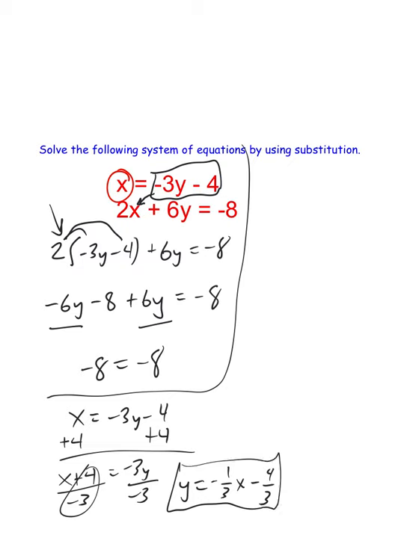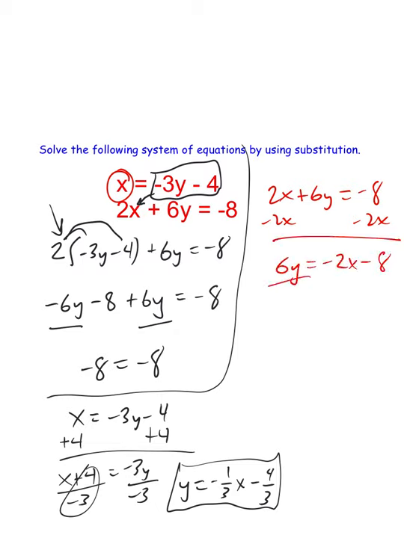Now the other equation, when we solve for y, 2x plus 6y equals -8, we subtract the 2x from both sides. So that gives us 6y equals -2x minus 8, and we divide by 6 on both sides.